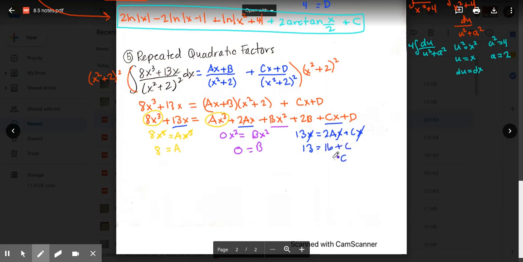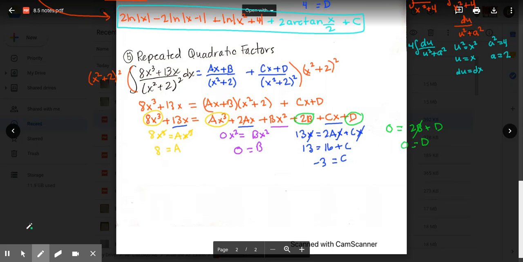So c ends up being -3. And last but not least, we're going to find out what d is. I don't have any constants on the left, so that's 0 equals 2b plus d. If b is 0, that knocks it out. So then d must also be 0.